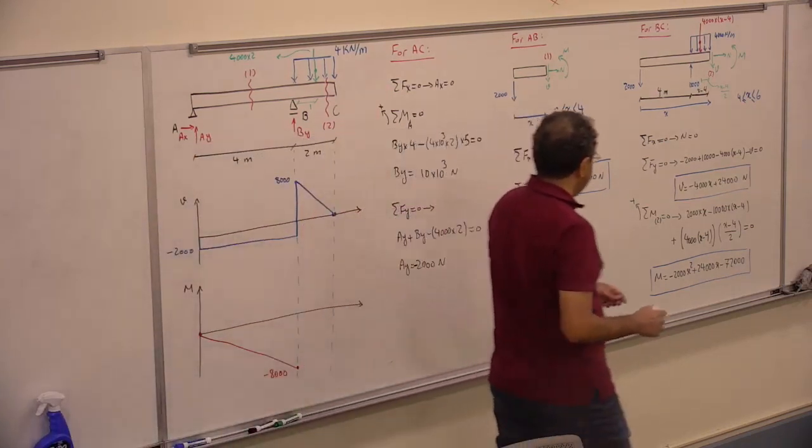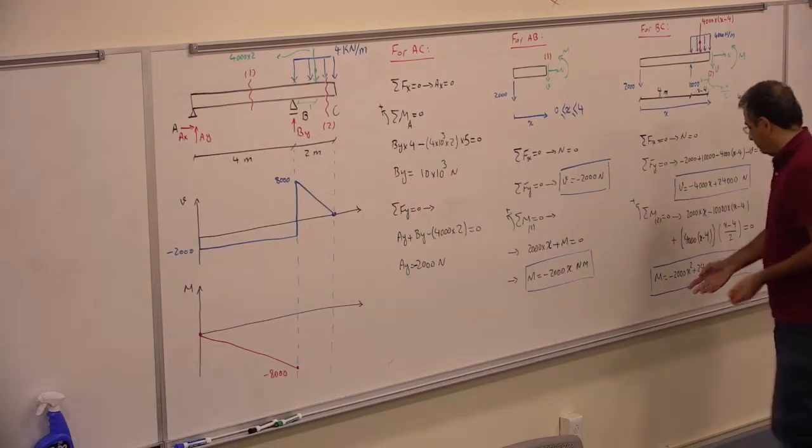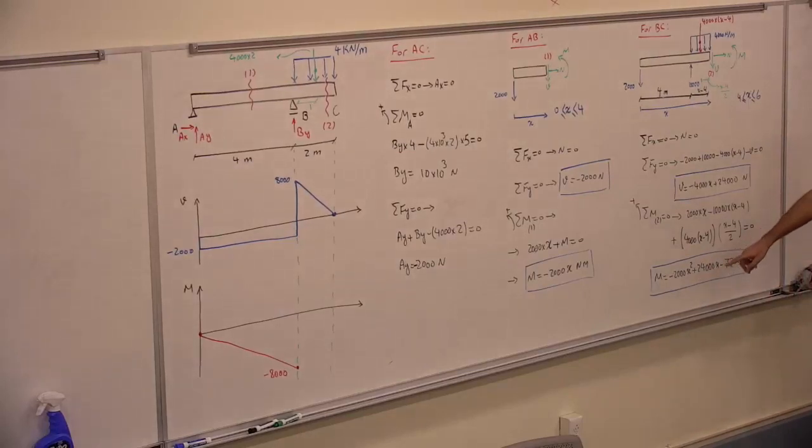And here, if I put 4 in that equation, I get again negative 8,000.